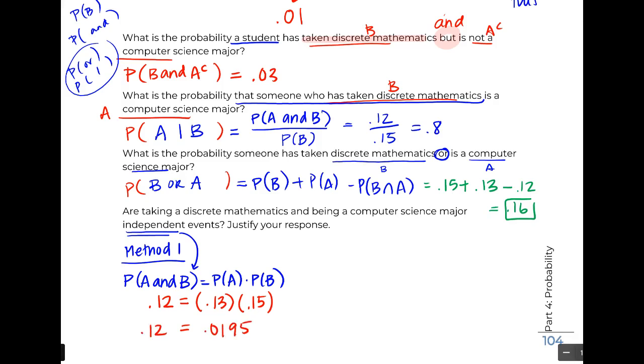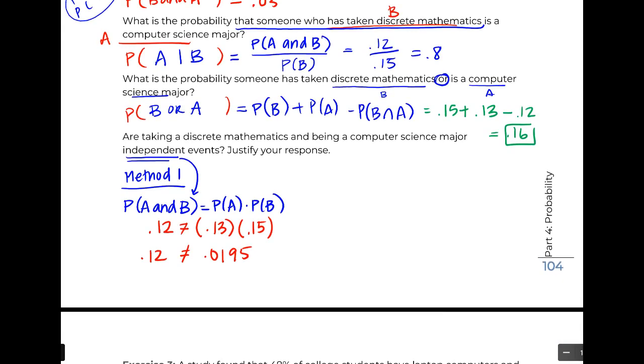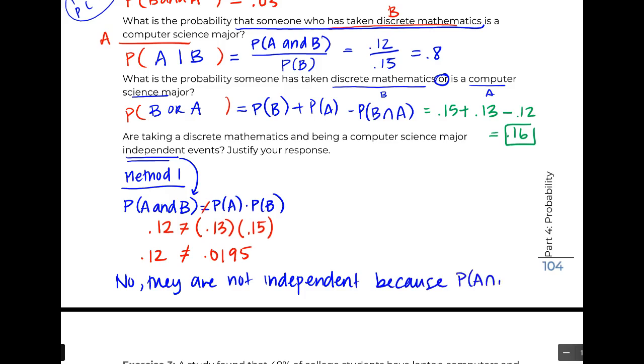Does that equal 0.12? No. So the answer is no, they are not independent. And we can say because probability of A and B does not equal probability of A times the probability of B. All right, so that's method one.